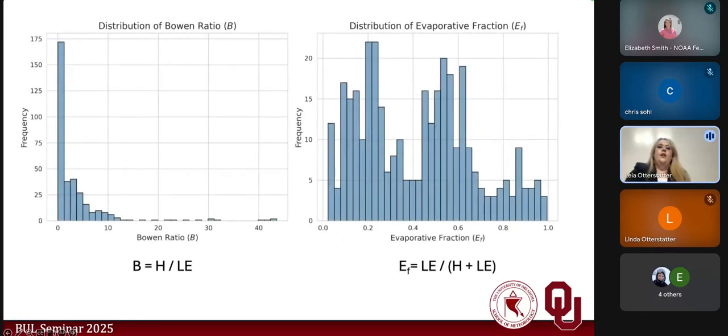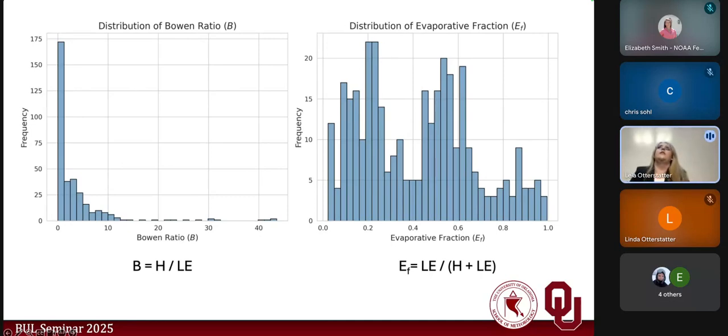So now taking a look at Bowen ratio and evaporative fraction. So Bowen ratio is the ratio of sensible to latent heat flux, and it goes from 0 to infinity within the convective boundary layer. Now taking a look at evaporative fraction, this is latent over sensible plus latent heat flux.